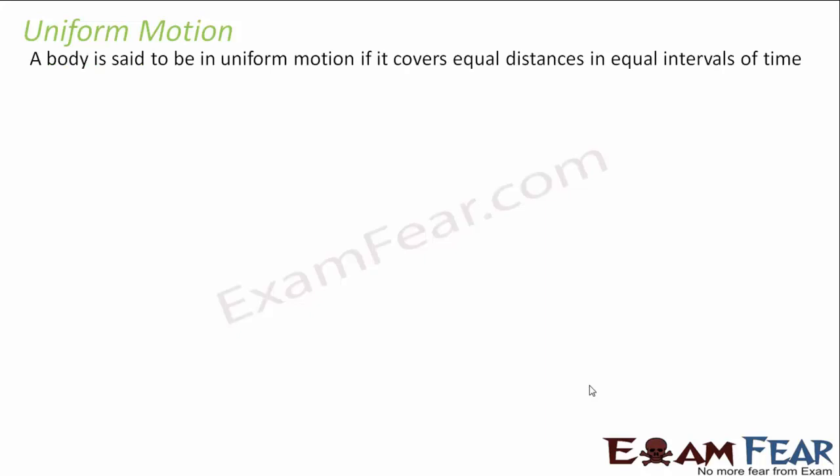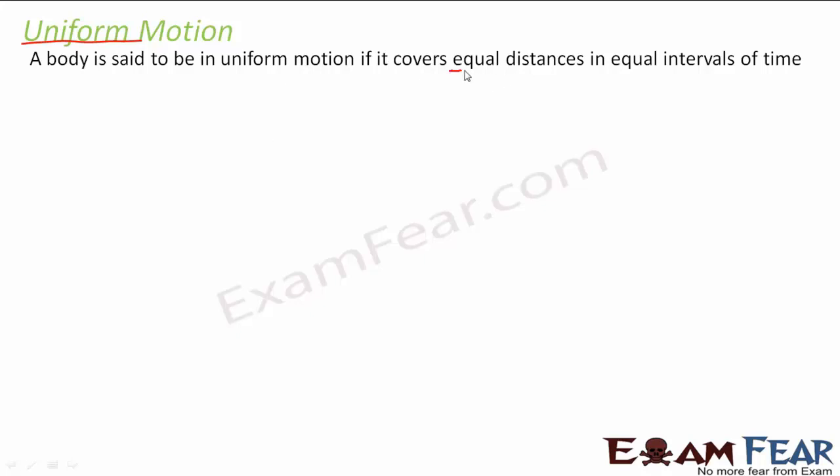So what is uniform motion? A body is said to be in uniform motion if it covers equal distances in equal intervals of time. The term uniform means something which happens regularly, periodically, on a regular basis.